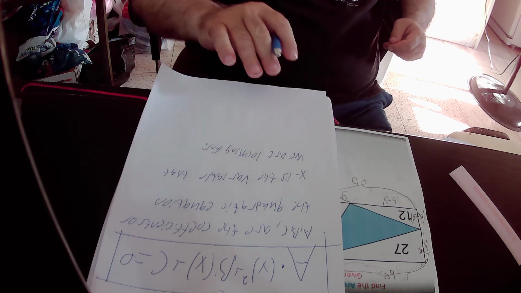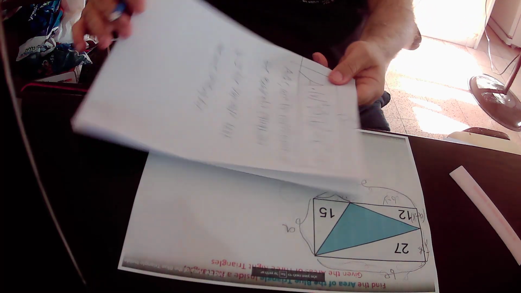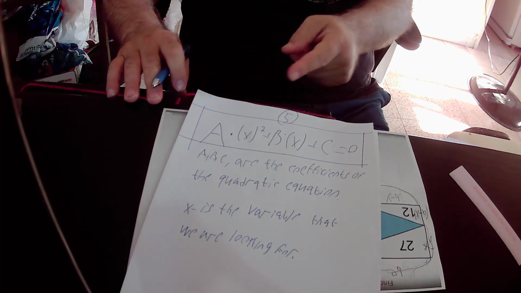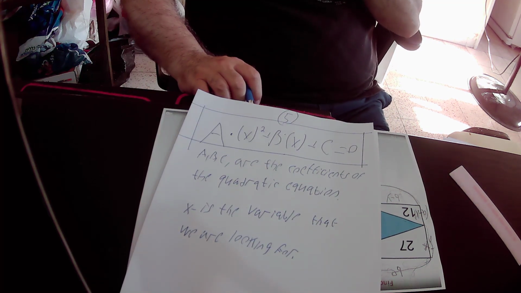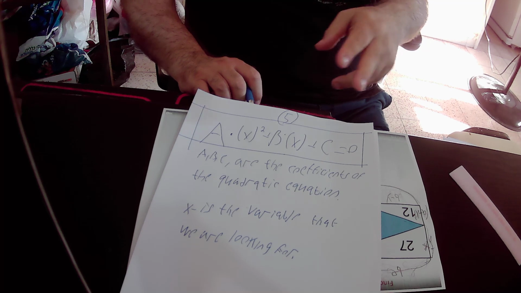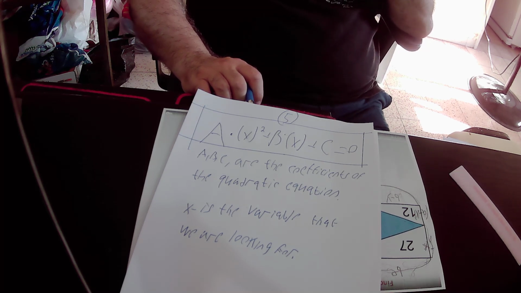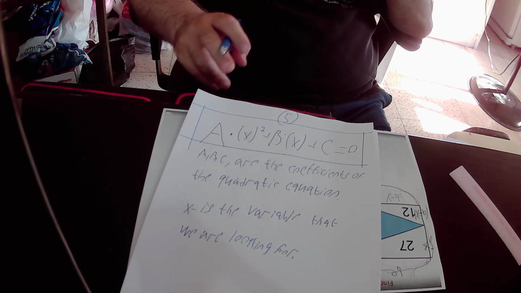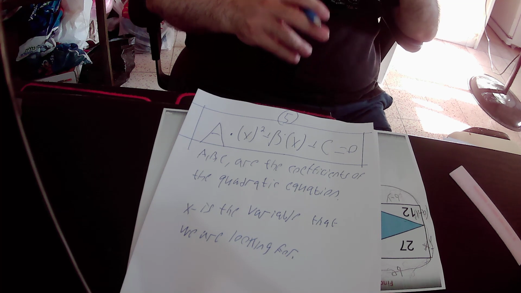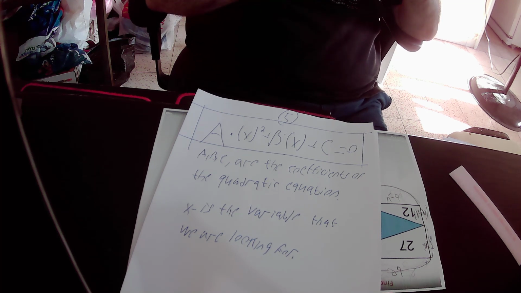And the value or the values of x are the root or the roots of the quadratic equation, and a, b, and c are the coefficients of a quadratic equation.